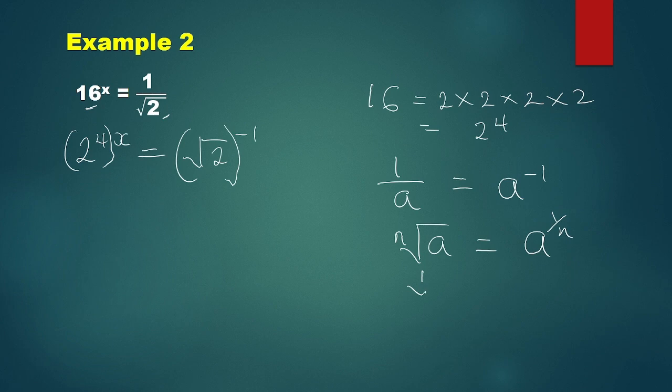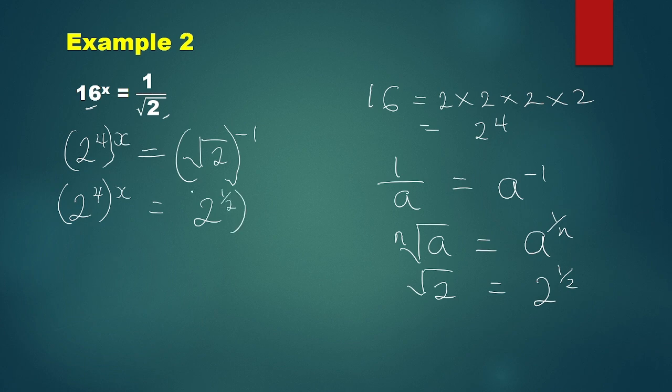So if I have square root of 2, it is the same thing as 2 raised to the power of 1 over 2, because square root is the same thing as power of 1 over 2. So I can rewrite this as 2 raised to the power of 4 into x equals, this root 2 can be written as 2 raised to the power of 1 over 2, all raised to the power of minus 1.